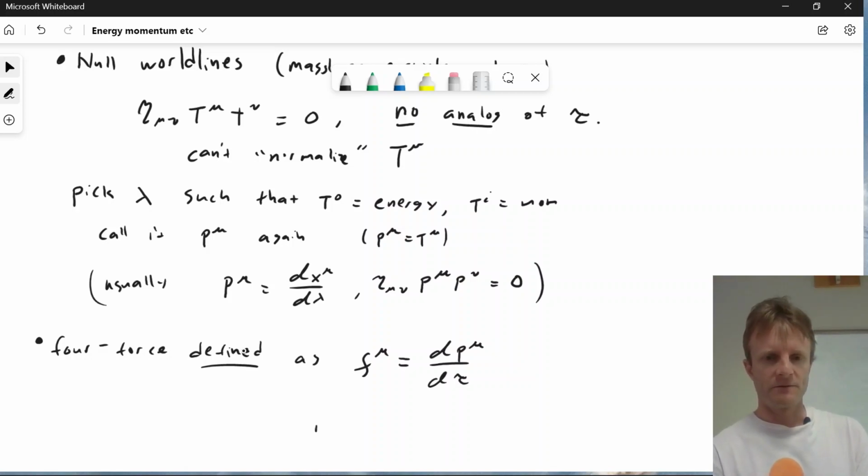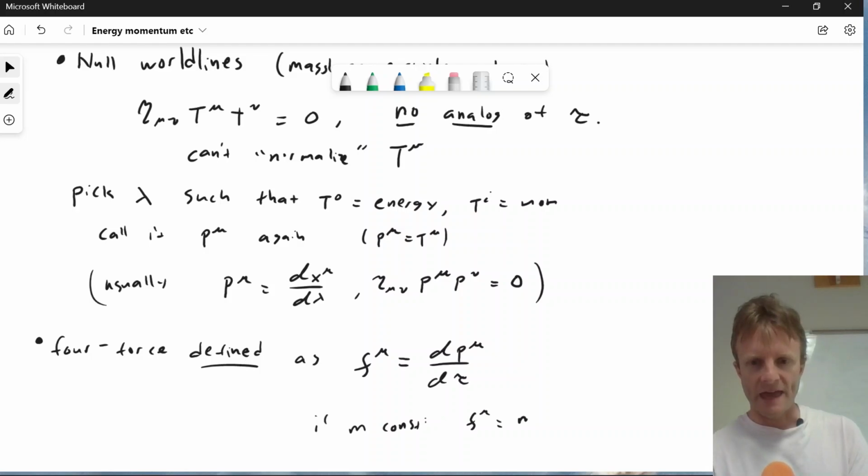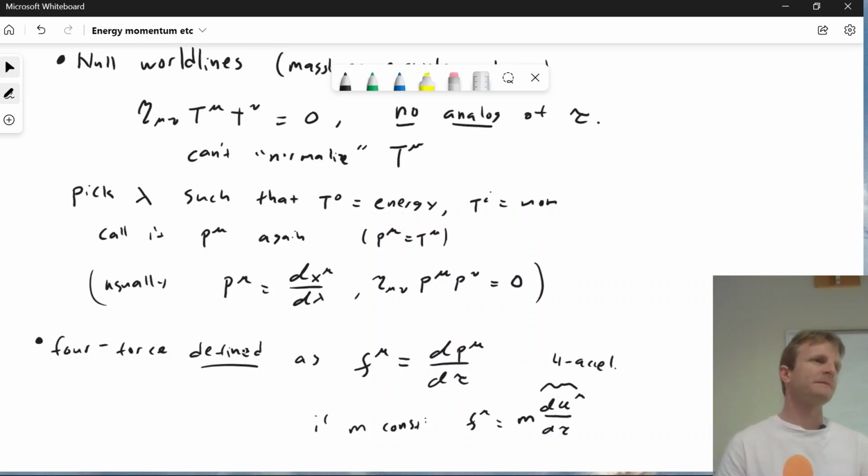So if m is constant, then f mu equals m du mu d tau, and then this would be the 4-acceleration. You wouldn't use it if it weren't constant. It basically will be always.